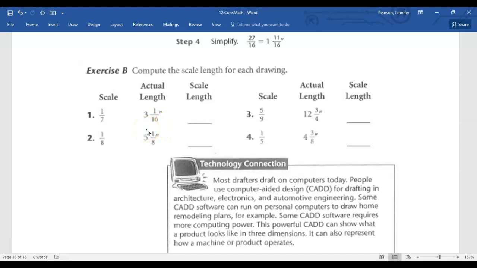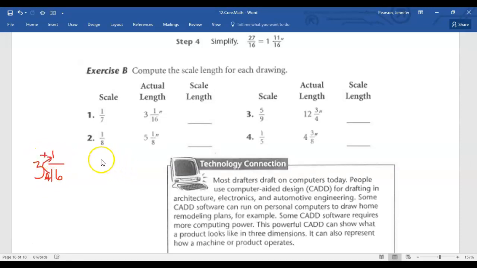This is something we did a couple chapters ago, but to turn a mixed number like 3 and 1/16 into an improper fraction, we're going to follow this process where we multiply and then add. I'm going to multiply here, and then we're going to add right here.